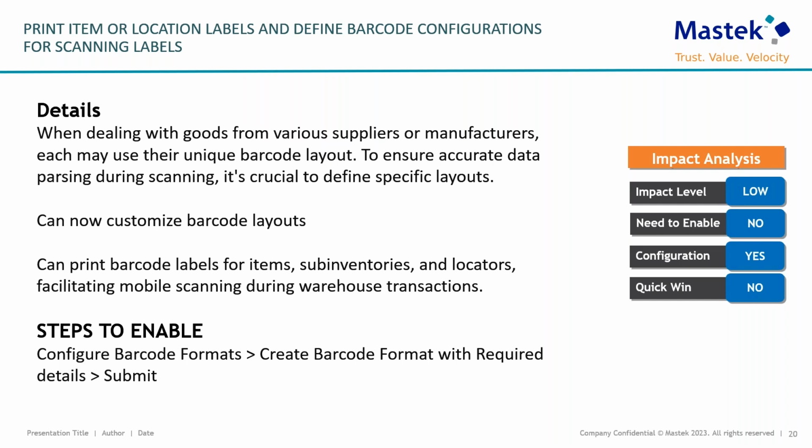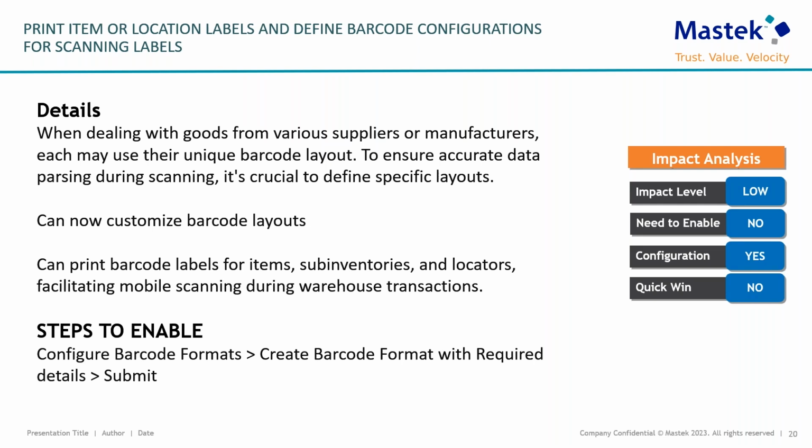Now moving to the next one, which is print item or location labels and define barcode configuration for scanning labels. When dealing with various suppliers and manufacturers with different goods, each of them has different barcode layouts, and they may have in-house developed barcode layouts.